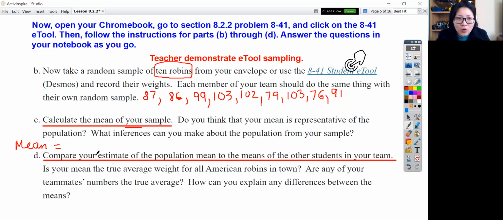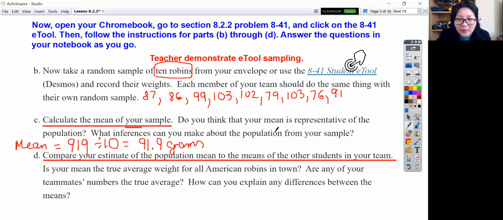We have total, the sum is 919. Divide it by 10 because there are 10 robins, okay? We have 91.9 grams.